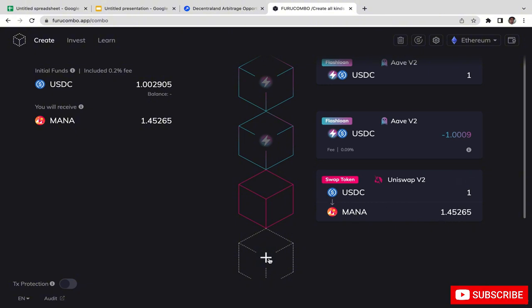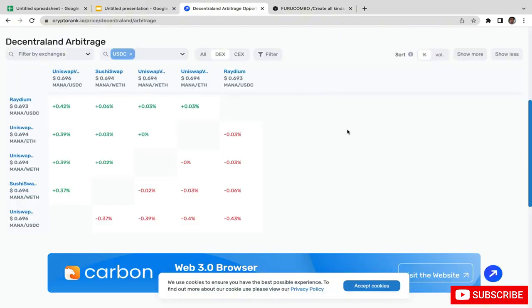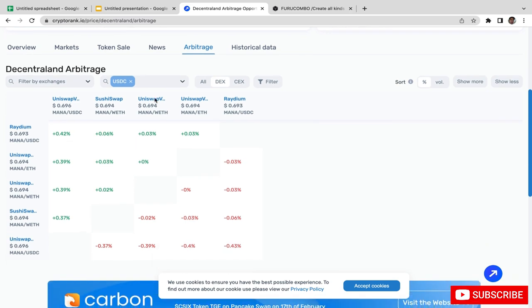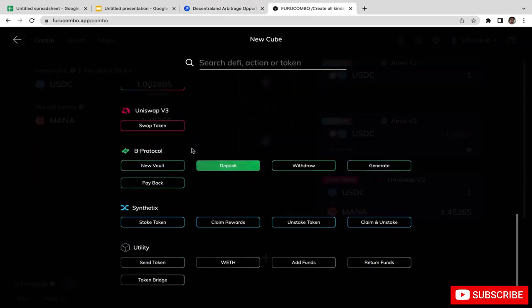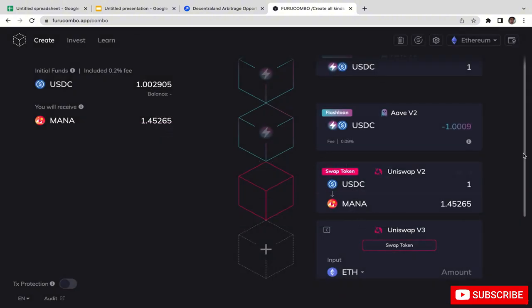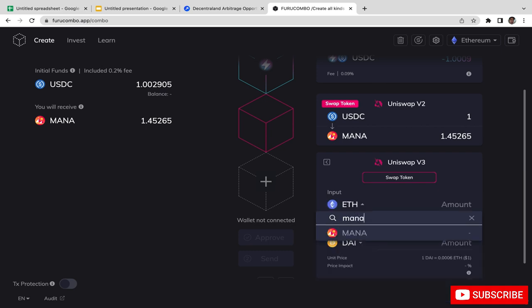Okay, so then let's go to CryptoRank.io and see the arbitrage opportunities here. So let's go to Uniswap v3, right? That's the direction. Click on this. Since now our asset is in MANA, it's our obligation to convert our MANA back to USDC, right?